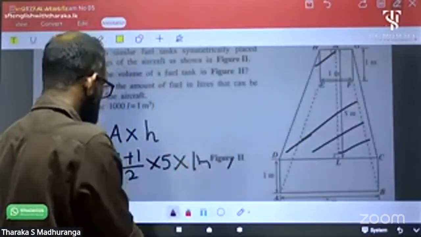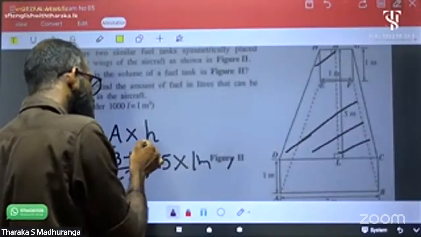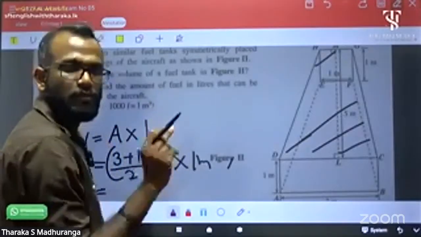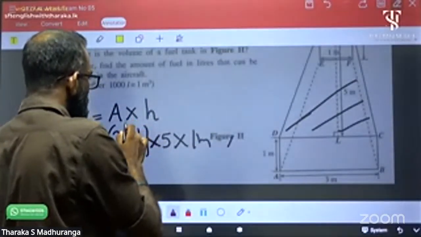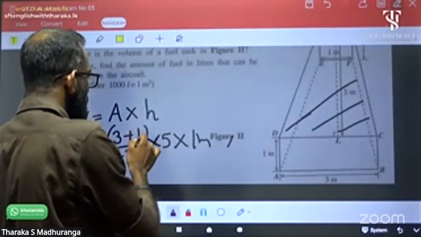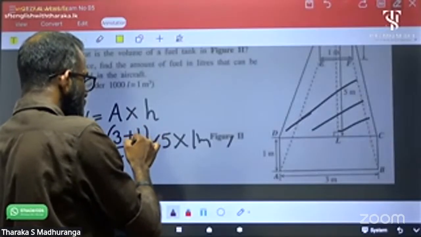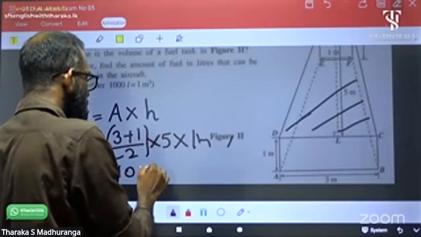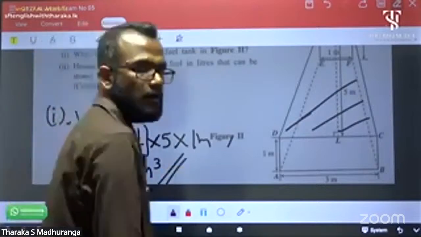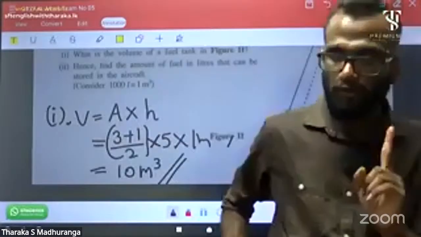Then 3 plus 1, 4, divided by 2, it is 2. 2 into 5, it is 10. 10 cubic meters, one fuel tank volume.